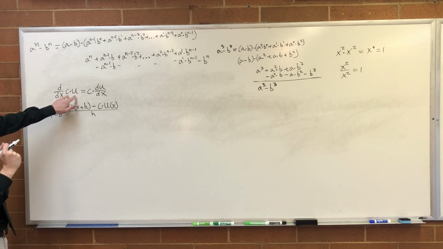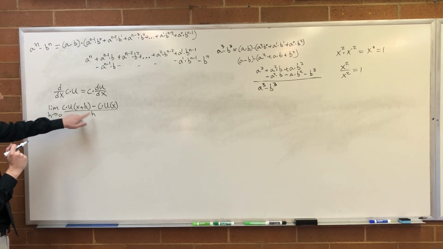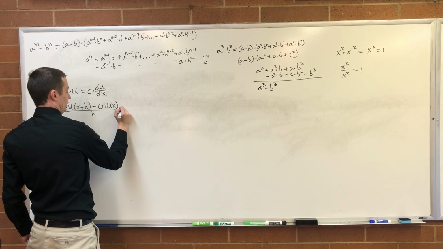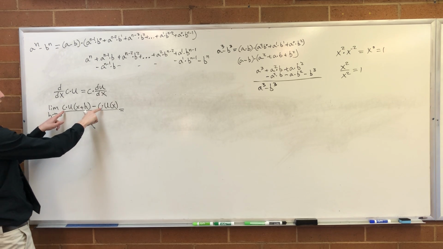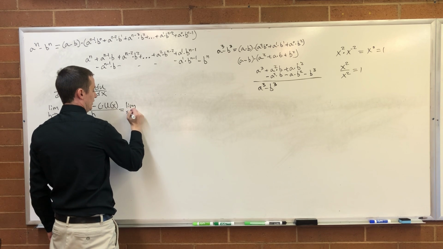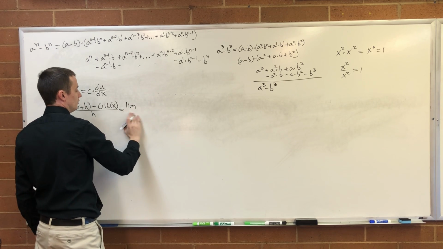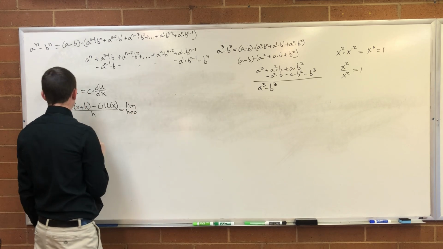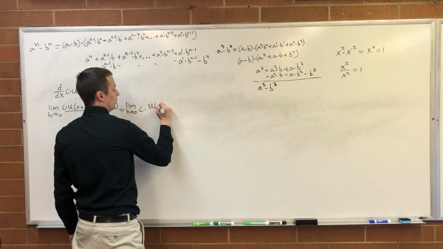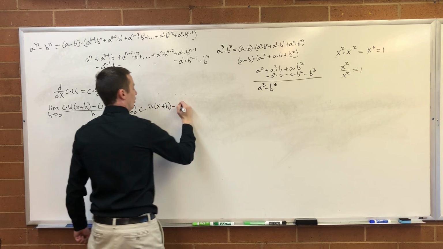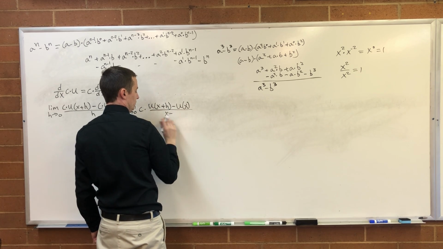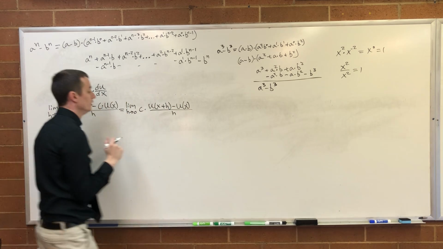That's the derivative of this function, right? Notice I can factor c out of the numerator. So this is the same thing as the limit as h approaches 0 of c, pulling c out of the whole thing, times u of x plus h minus u of x, all over just h.